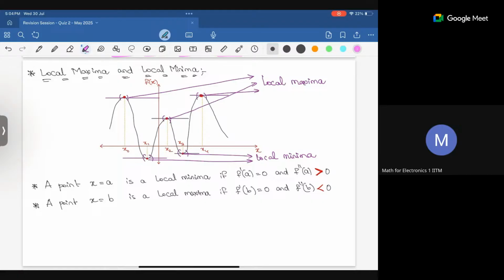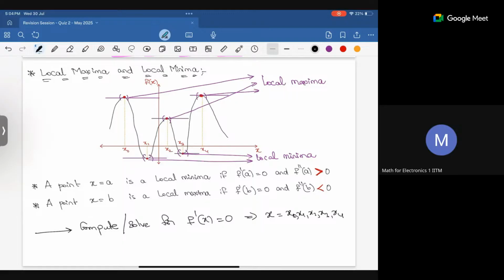Right, so for computing local maxima and local minima, all we have to do is solve for f prime of x equals 0. So you have to solve this equation first, f prime of x to be 0. So we'll get some values, x0, x1, x2, x3, x4.